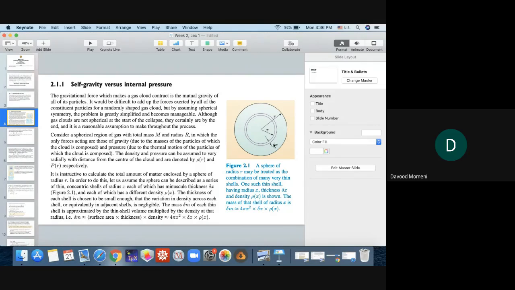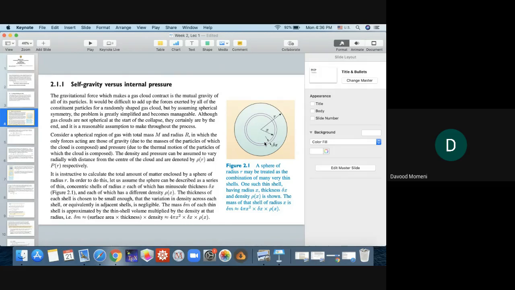The mass which remains between two tiny shells with thickness delta x is delta m, and this delta m can be easily calculated, if you know this from physics 1.